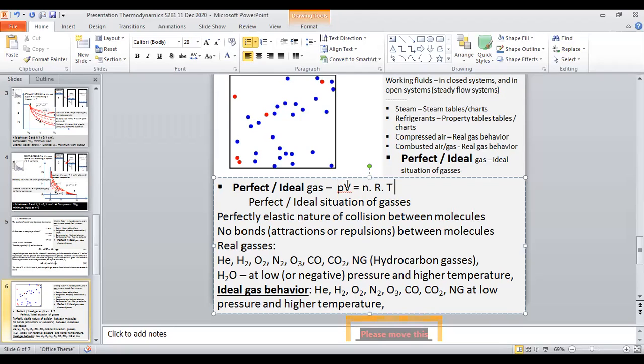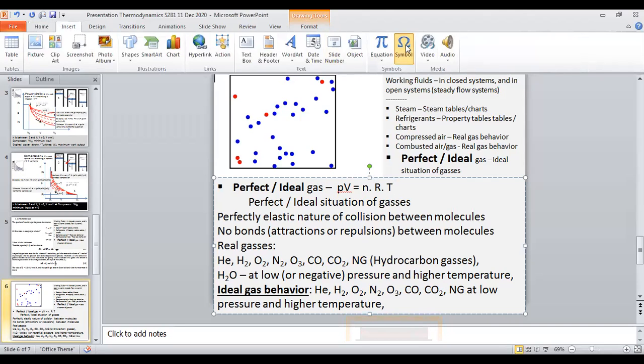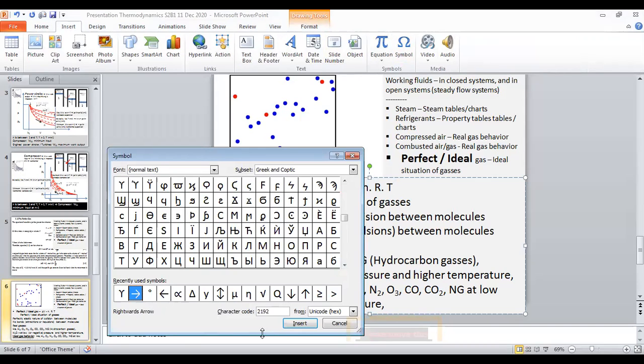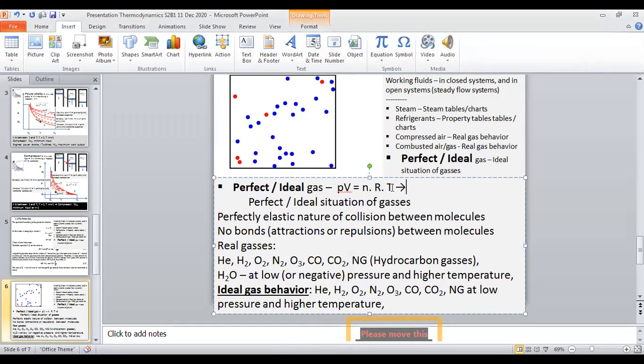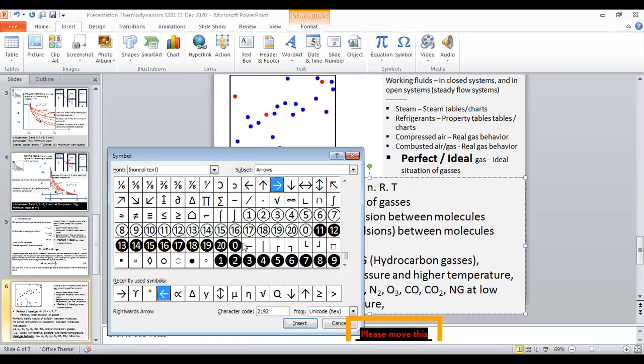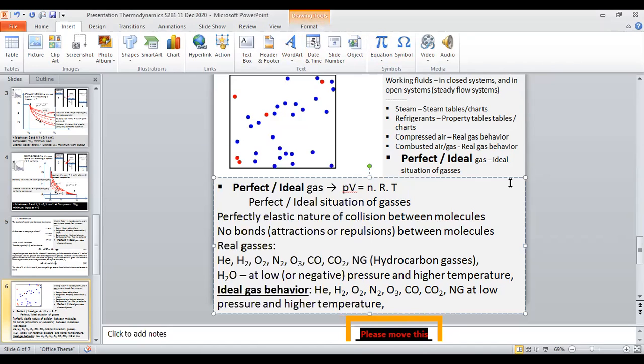For ideal gases, you will see this behavior, and we can use the ideal gas equation.